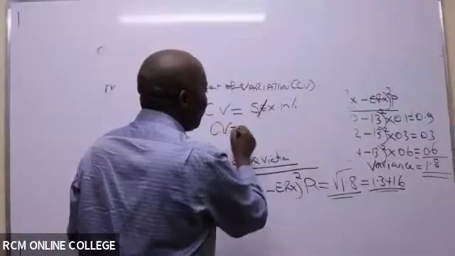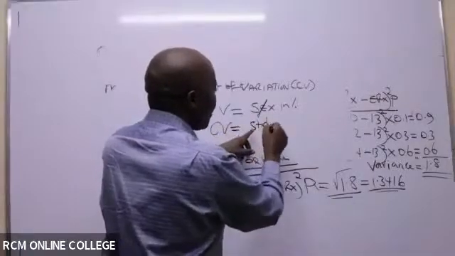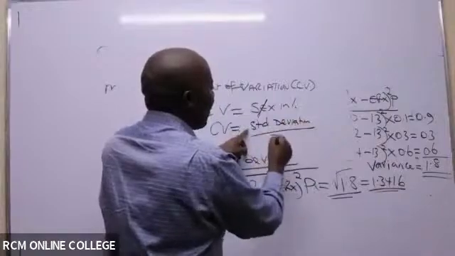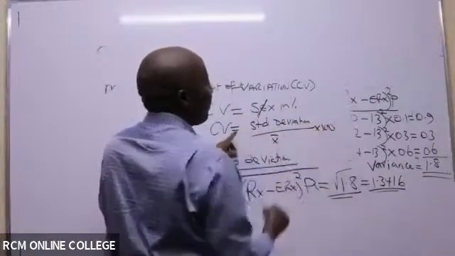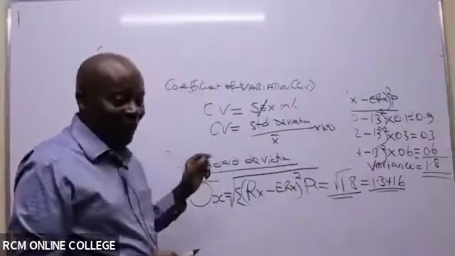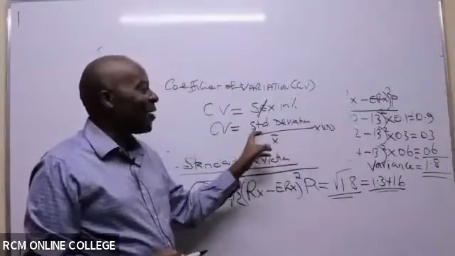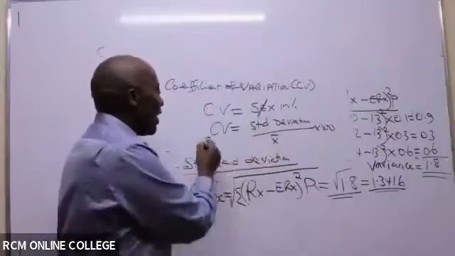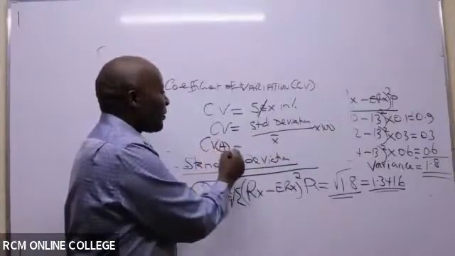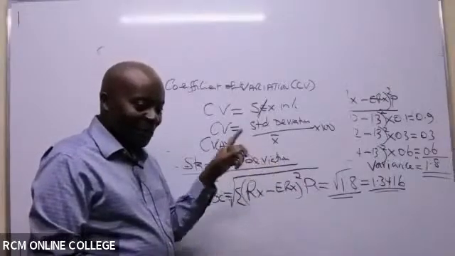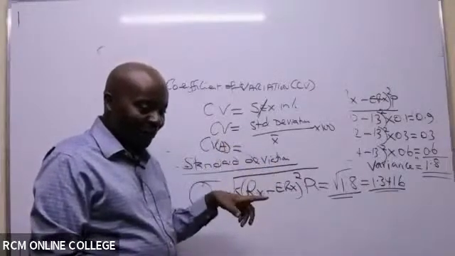So then this will help me like this. So I know the CV will be the standard deviation over X bar times 100. Standard deviation over X bar times 100. So like now for A, the CV of A, is there somebody who is able to remind us the standard deviation we got?